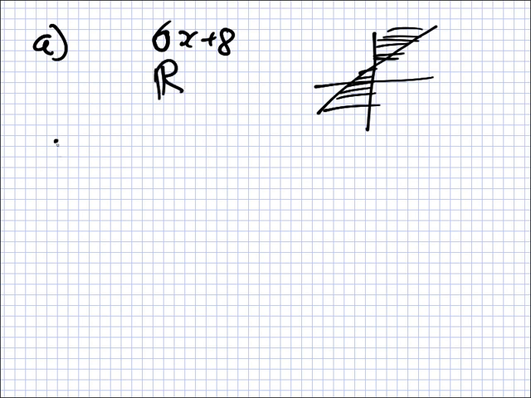Okay, that's fine. What about B? We just draw these. It must have 2 lines.